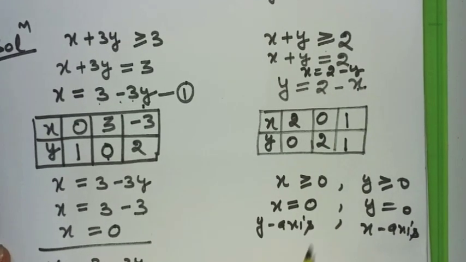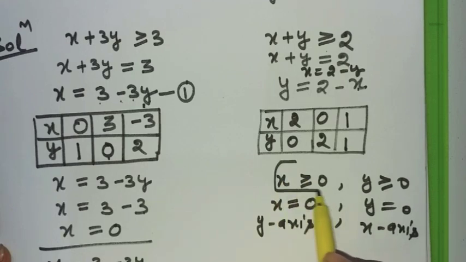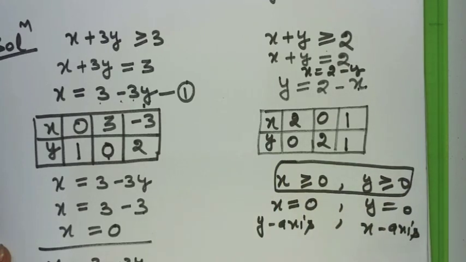And whenever you are given these two constraints together, x greater than or equal to 0 and y greater than or equal to 0, it means that you have to take only that portion of the shaded region which lies in first quadrant when these two are given together.